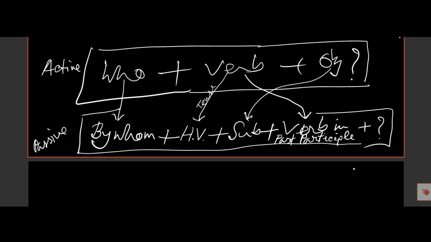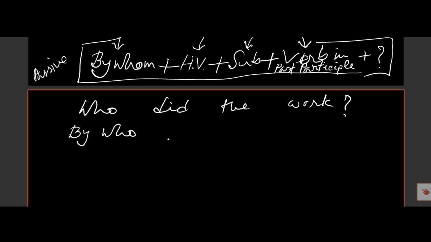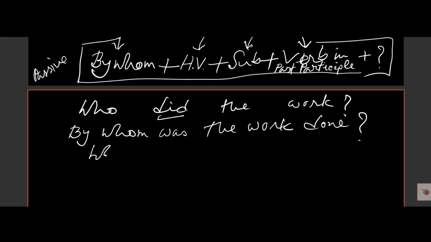Now let's see an example. Who did the work? So we must begin with by whom. The passive voice with by whom, and did is the main verb and it is in the past indefinite. So, by whom was the work, do is in the past indefinite, so it will be the past participle form. By whom was the work done. We can see another example.